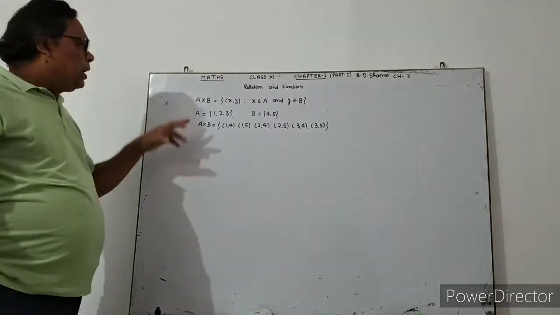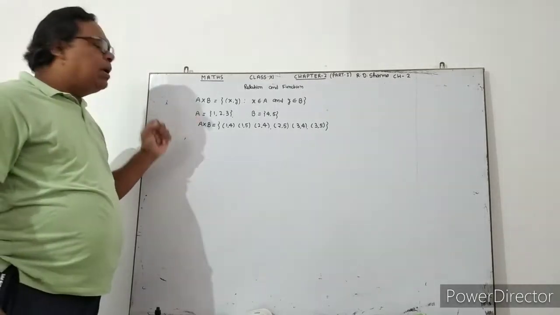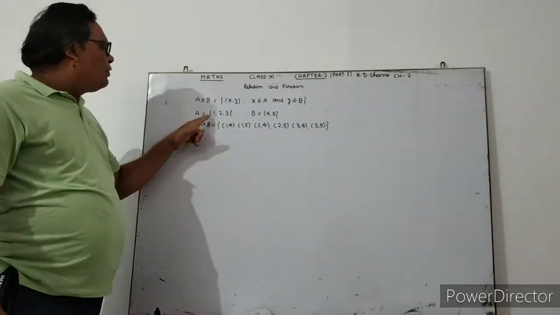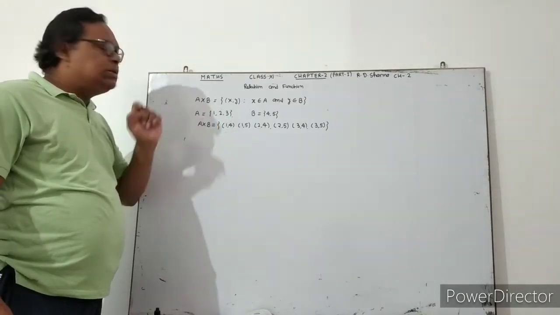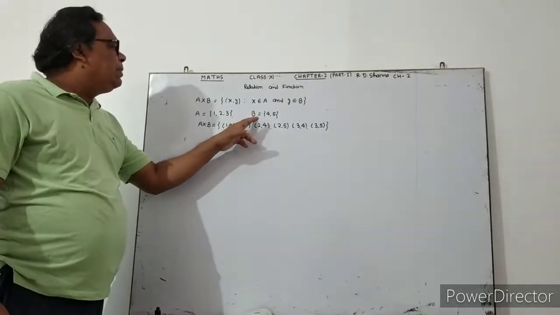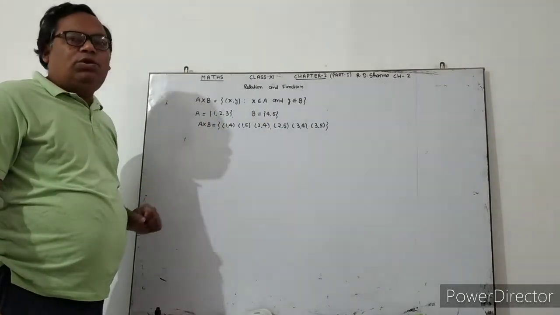Suppose the number of elements in A is 3 and the number of elements in B is 2.